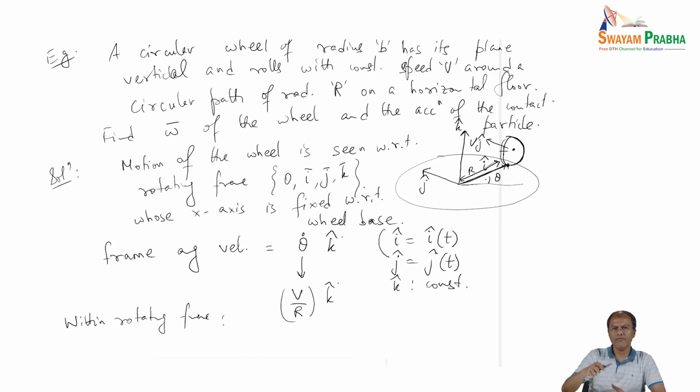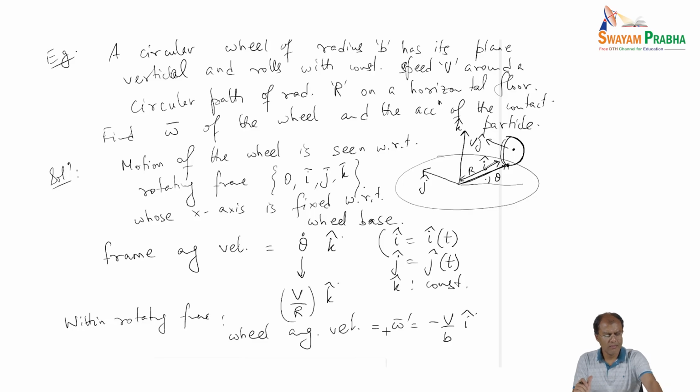If we do a right hand rule, the angular velocity of the motion of the wheel is going to be along the x-axis but negative to it, right? So within the rotating frame we see that the wheel angular velocity is given by omega prime, which is minus v by b times I hat, right? So it's minus x-axis.